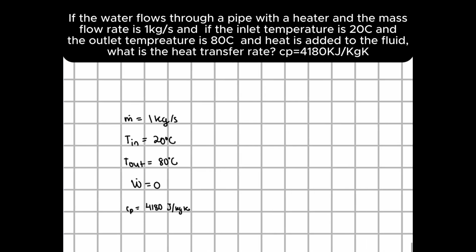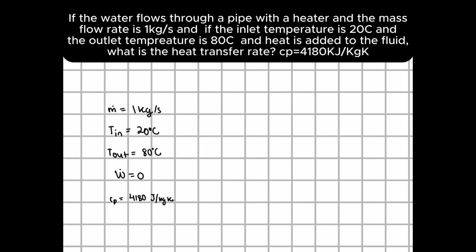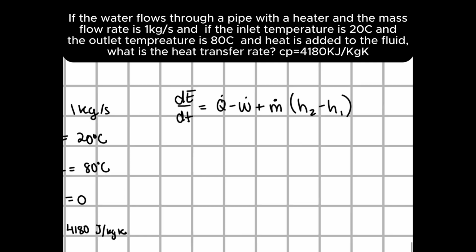Perfect. Now we're going to set up our equation. We have dE over dt equal to Q dot minus W dot plus m dot times h1 minus h2. The change in energy goes to 0 and work goes to 0, so we have Q dot.